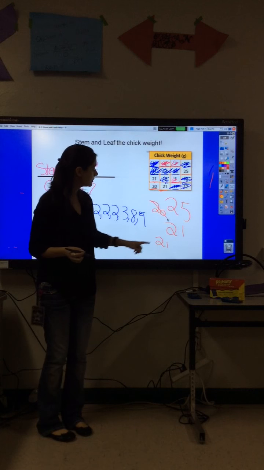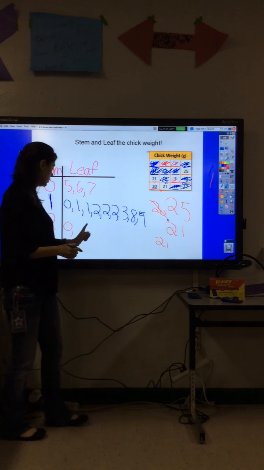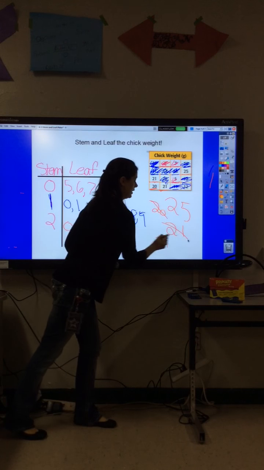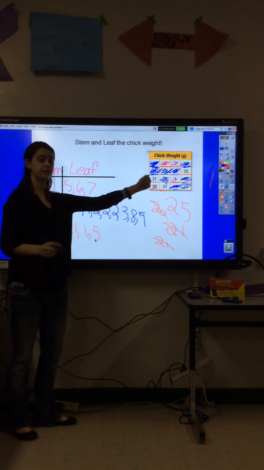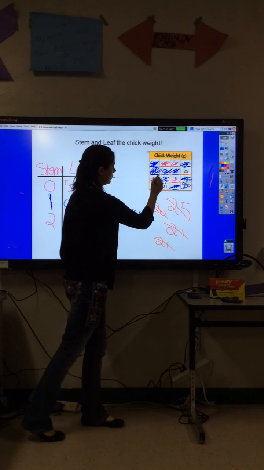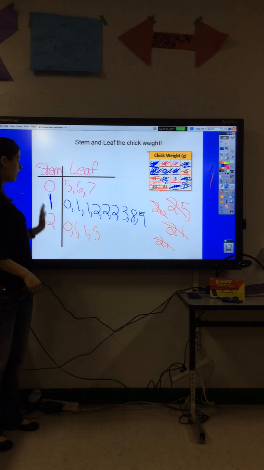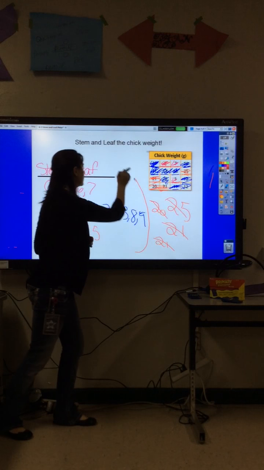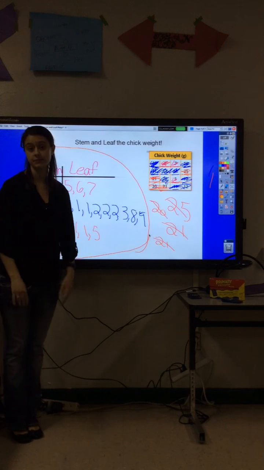The next smallest, 21, and there's 2 of them. So I need to put 2 ones down and cross those off. And our last number is a 5. And cross off those numbers, and they're all done. They're all on this stem and leaf plot. This is the answer.